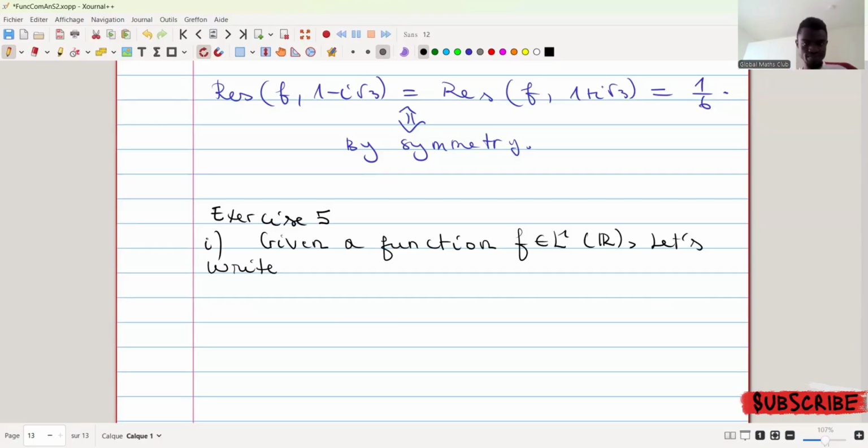This was the definition of the Fourier transform.